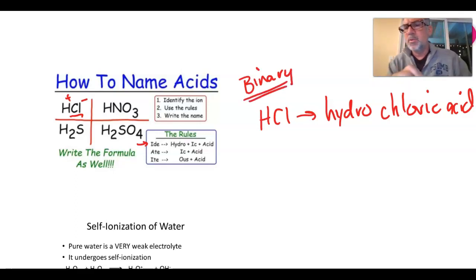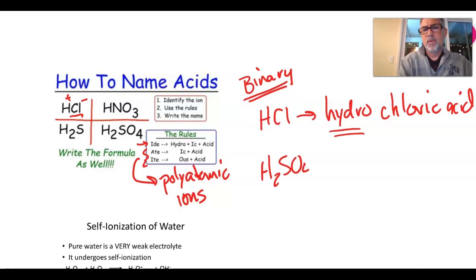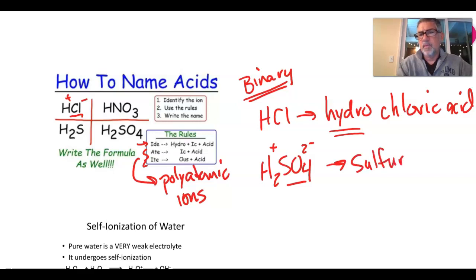This is called a binary acid. Binary means having only two types of ions. It has the hydrogen ion and the chloride ion. So binaries always start with hydro, the ide becomes ic, and it ends in acid. These here, ates and ites, these are your polyatomics. So if we have this, this right here is sulfate, so ate becomes ic, so you would call this sulfuric acid.